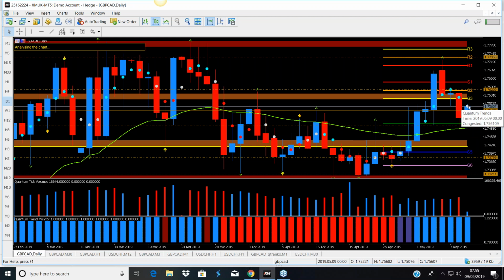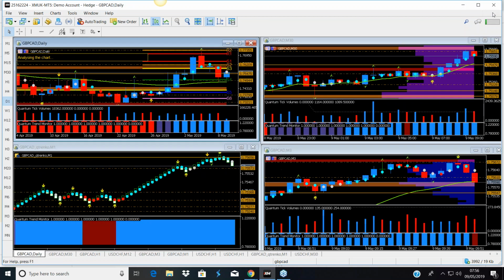Now, what do we want to wait for? Is a reversal trade going to be in the offing? We will have to wait and see until after London has opened. Or is this going to be a continuation, and we're going to have to look for potentially an opportunity to join this trend higher?